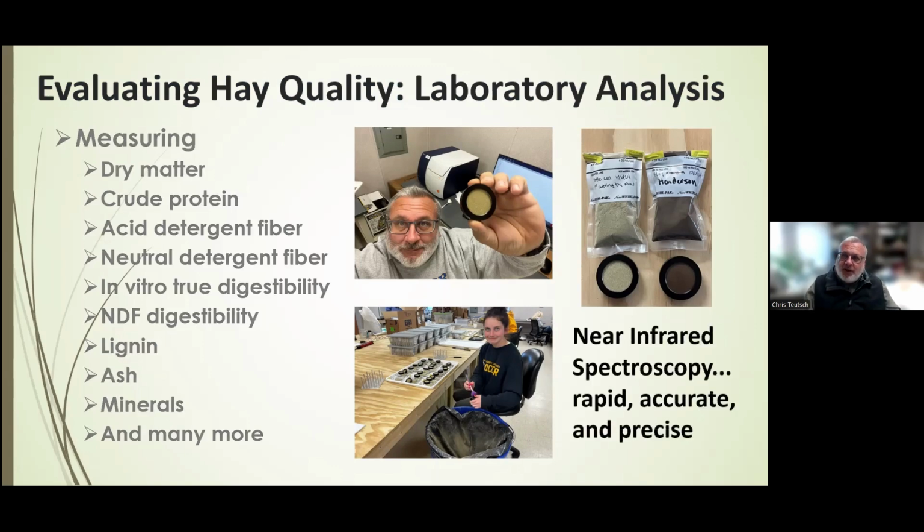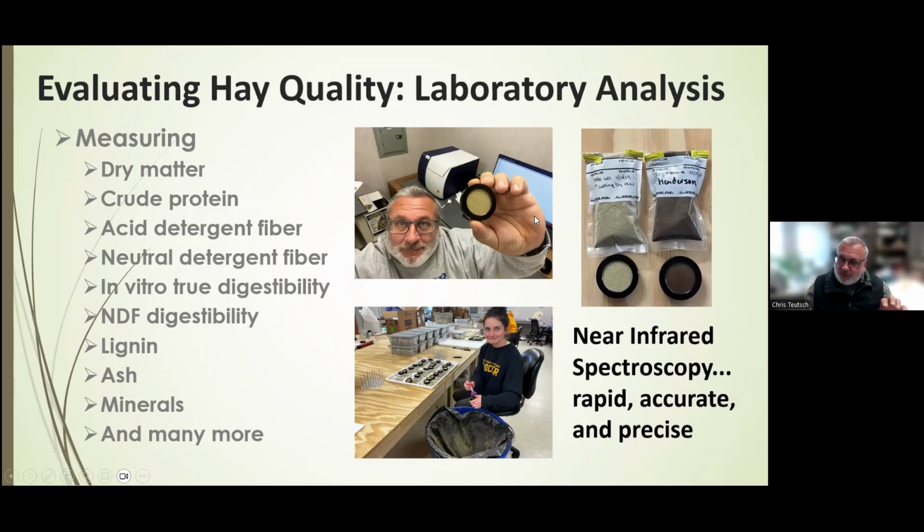For the majority of samples analyzed in the United States, about 90% of the samples are analyzed with a procedure called near-infrared spectroscopy. If you look at this photograph of me holding up the little cell, this machine in the background is a near-infrared spectrophotometer. So in a nutshell, I grind the hay up, dry it and grind it, and stick it in this little cell. And I put that cell in the near-infrared spectrophotometer.